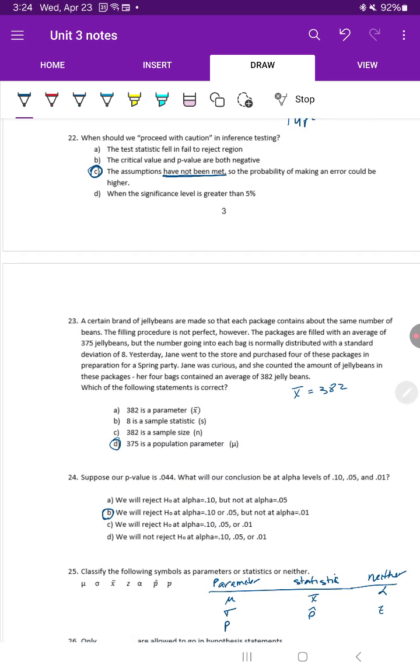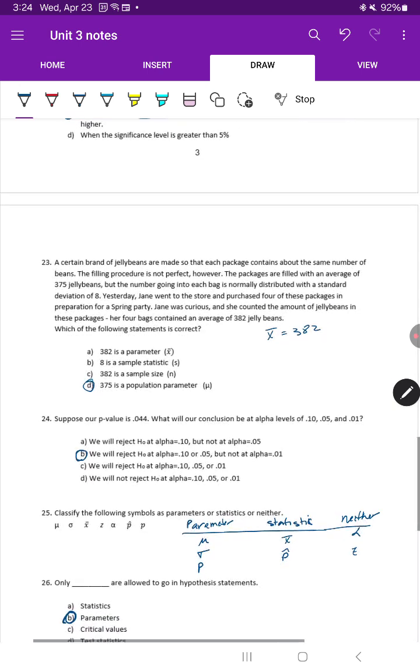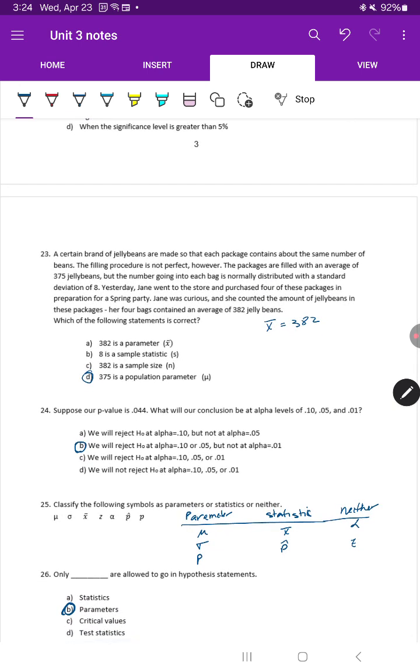A certain brand of jelly beans are made so each package contains about the same number of beans. Filling is not perfect. The packages are filled with an average of 375, so that is going to be my mean. The number going to each bag is normally distributed with a standard deviation of 8. Yesterday, Jane went to the store and purchased 4 of these packages in preparation for a spring fling. She was curious, so she counted the jelly beans in these packages.